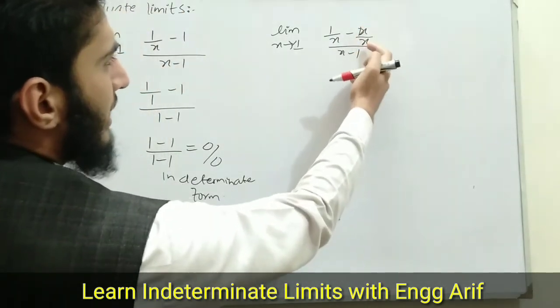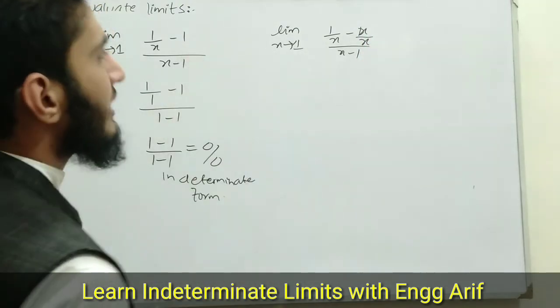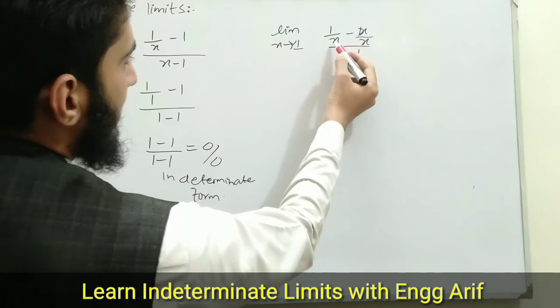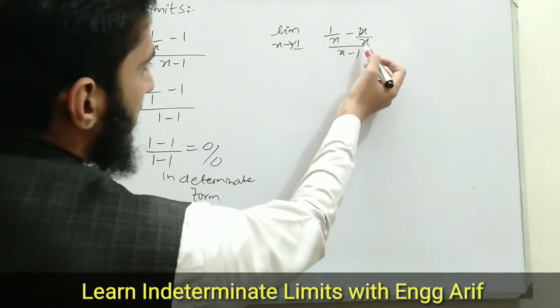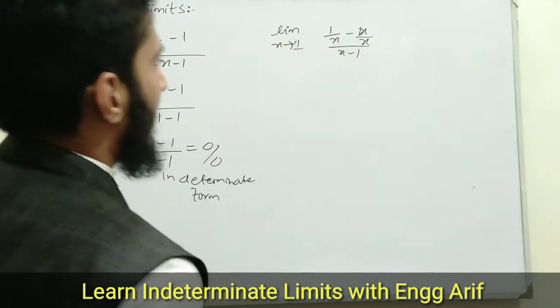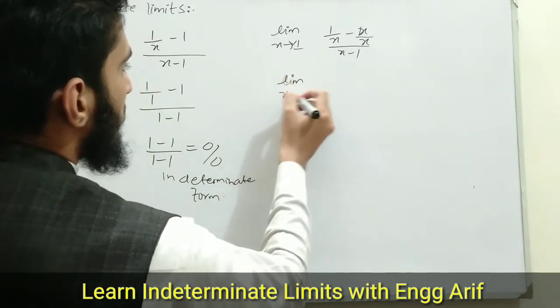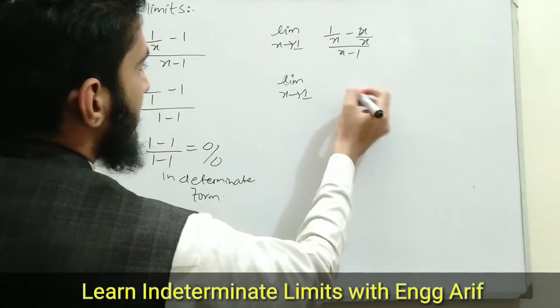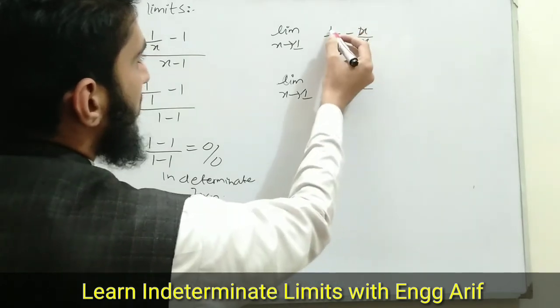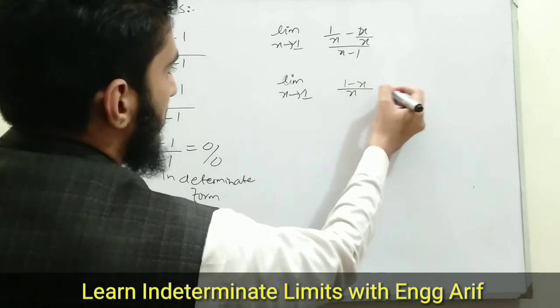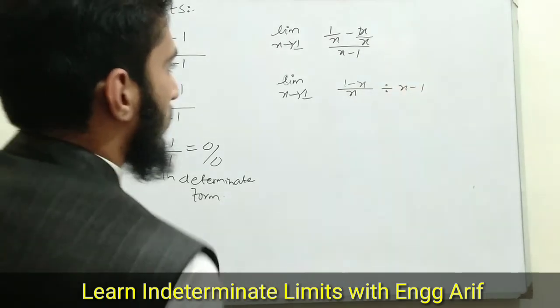If we divide x by x, it again gives 1, so it doesn't affect the fraction. Now I will take the LCM x, because in the numerator, in both 1 over x minus x over x, we have the same denominator x, that's why the LCM will be x. So in the numerator we are left with 1 minus x, and here divided by x minus 1.